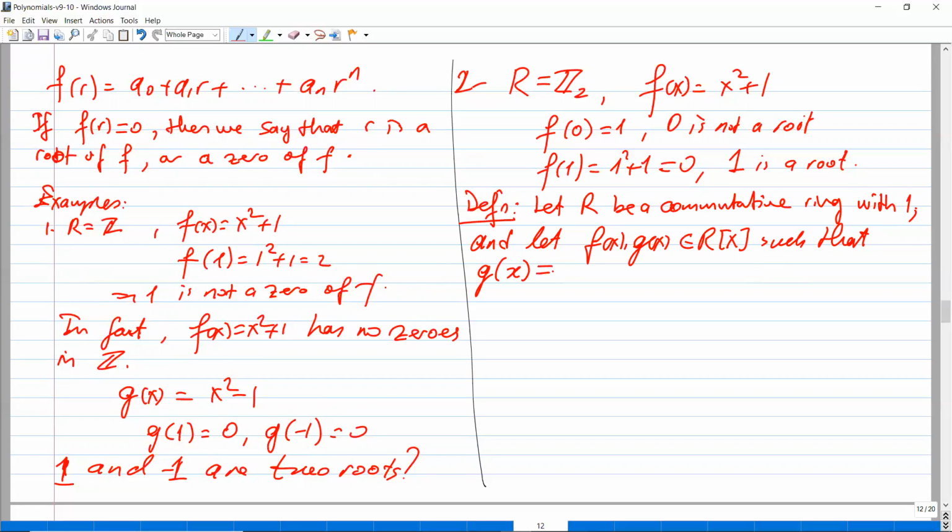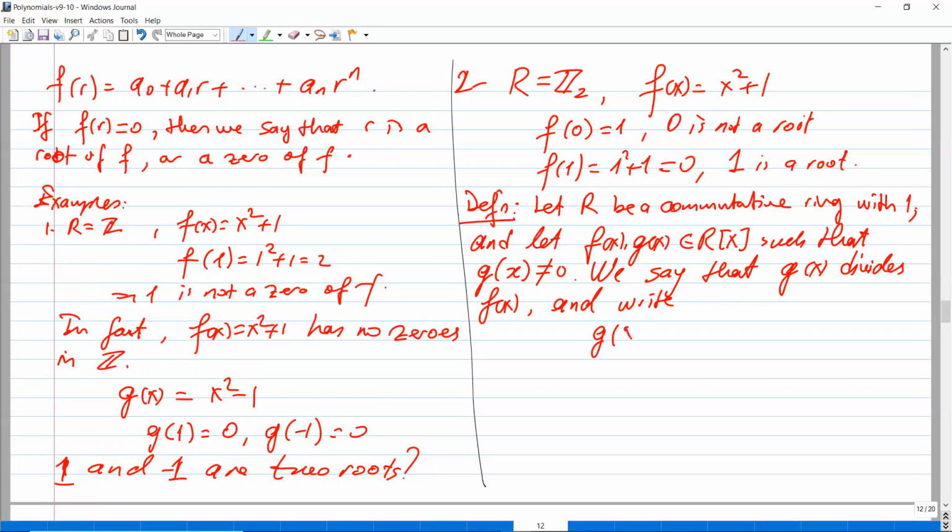So it is not a zero polynomial. We say that g of x divides f of x, and write it like this.